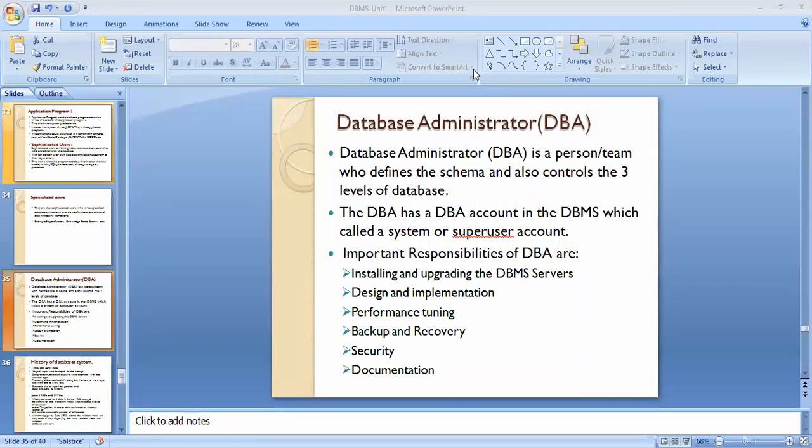First is installing and upgrading the DBMS servers on the server side. If a new version of that database comes into the market, we have to update that one, installing the database server onto the system. Then designing and implementation of the database. In that, file organization, memory management, error handling, log maintenance, all these responsibilities have to be handled by the DBA.